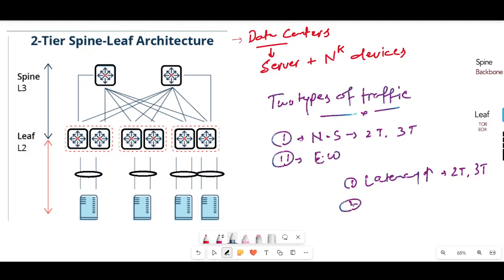The second problem is that it is based only on north-south traffic. Clear? If a user wants to access this server, but there is only one server and no HA, then if it shuts down, what will happen? This user cannot access it.